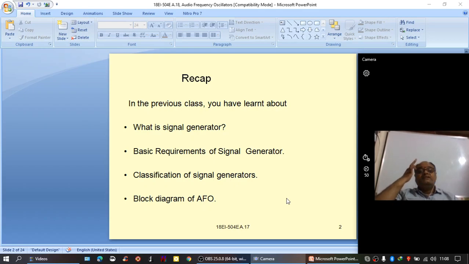The basic requirement of signal generator. A signal generator has some important requirements.